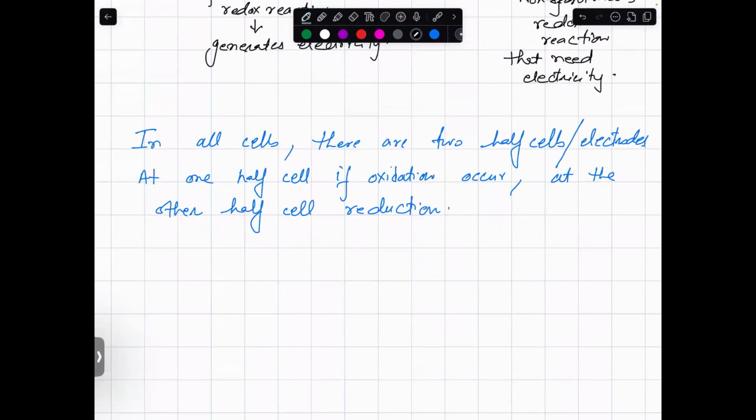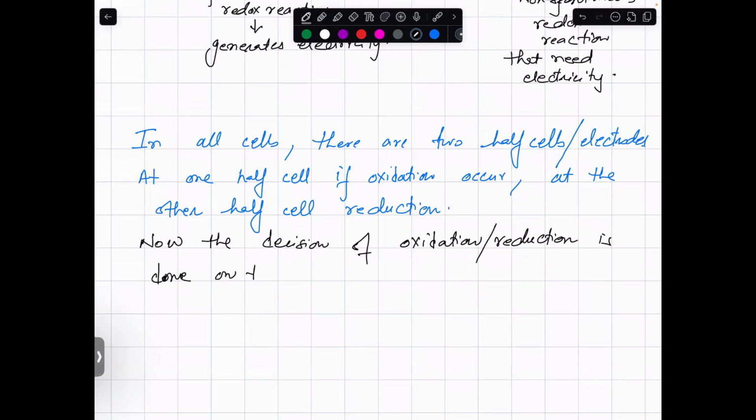Now the decision of oxidation and reduction is done on the basis of standard electrode potentials.